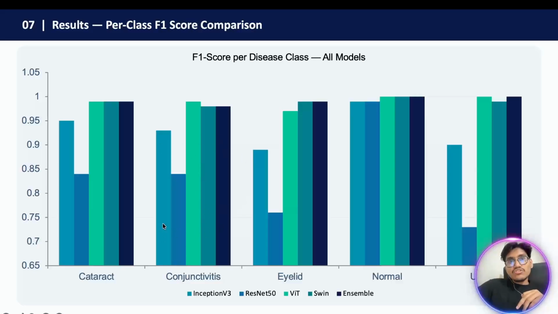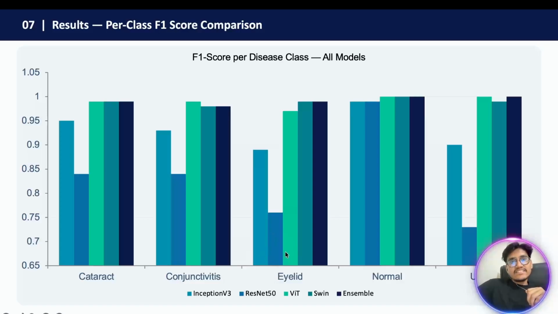And then conjunctivitis, this is where we start to see differences. Inception V3 gets 0.93, ResNet 50 gets 0.84, ViT gets 0.99, Swin gets 0.98, and the Ensemble gets 0.98. ResNet 50 struggles the most here because conjunctivitis requires recognizing subtle patterns of redness that CNN architectures can miss.